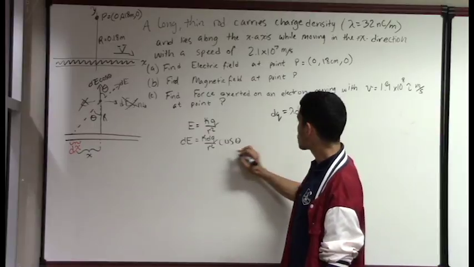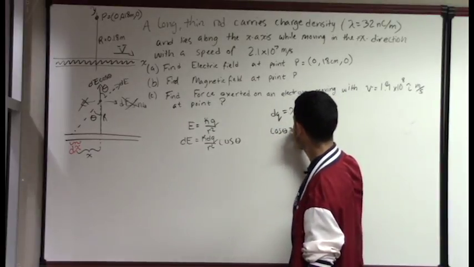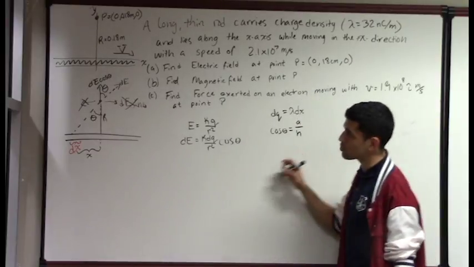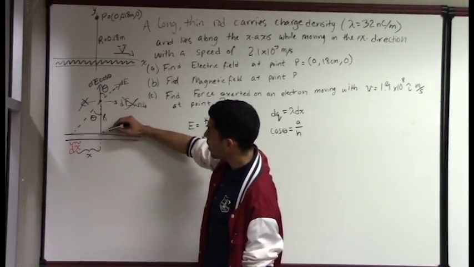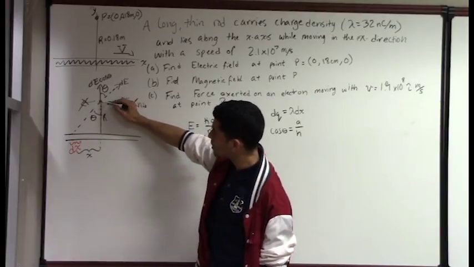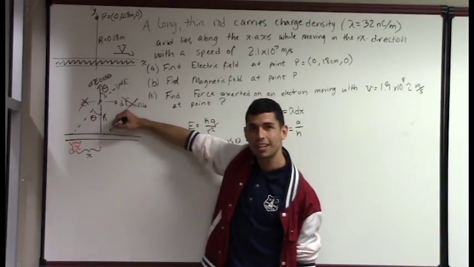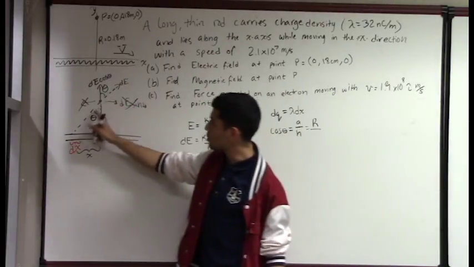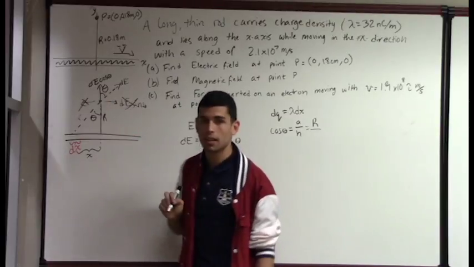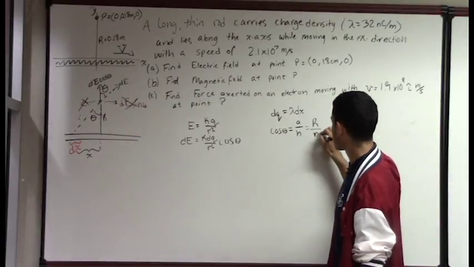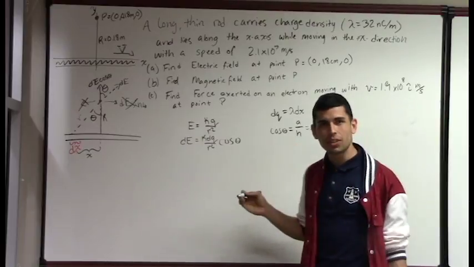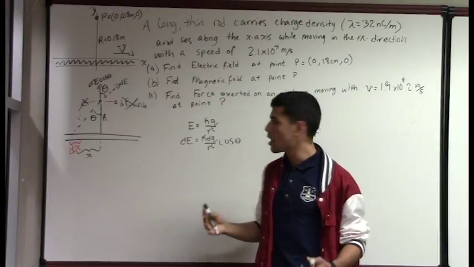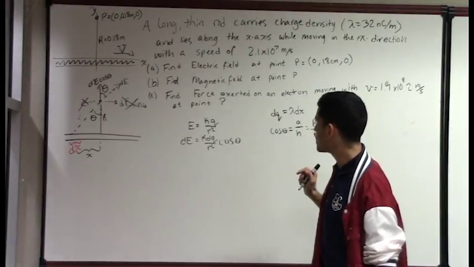And we can replace cosine of theta equal to adjacent over hypotenuse, where our adjacent is our distance from the point to the rod, r, and the hypotenuse is going to be some arbitrary length, lowercase r. But what is that lowercase r? It's going to be changing as we go throughout the integral, thus we want to get it in terms of other terms here since we're using dx now.